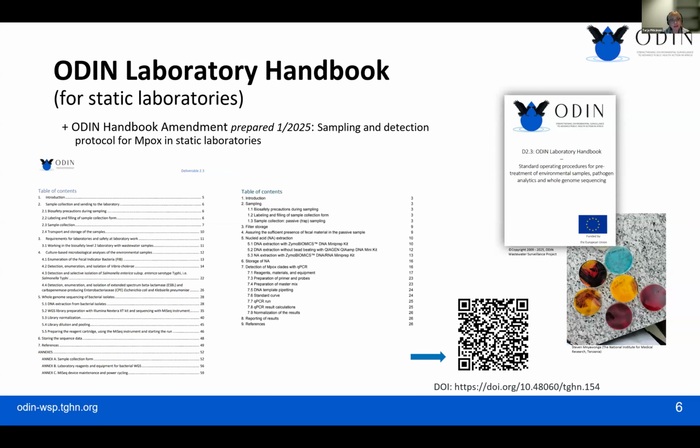So as said, these laboratory protocols are a core of our work in ODIN Work Package 2 and ODIN Mpox Work Package 3. So we have published the ODIN Laboratory Handbook for the static laboratories, and you can read it on the Global Health Network webpage, this project webpage.